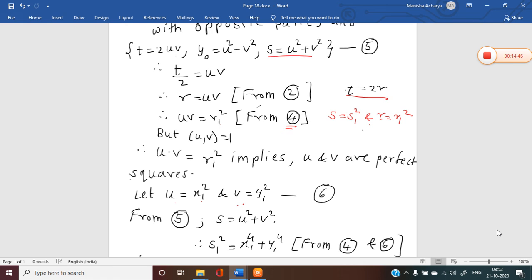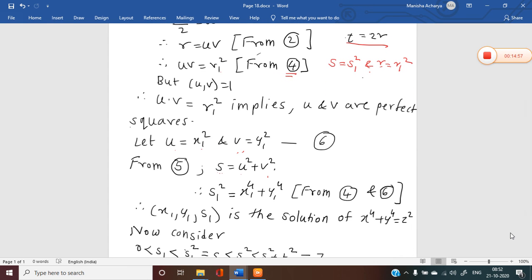In equation 5 we have s is equal to u square plus v square, but from equation 4 we know that s is equal to s1 square, u is equal to x1 square, therefore u square is equal to x1 raised to 4, and v square is equal to y1 raised to 4.